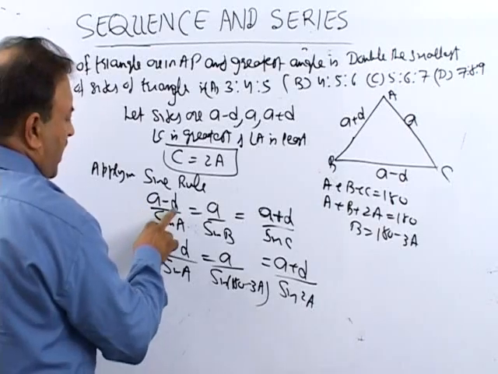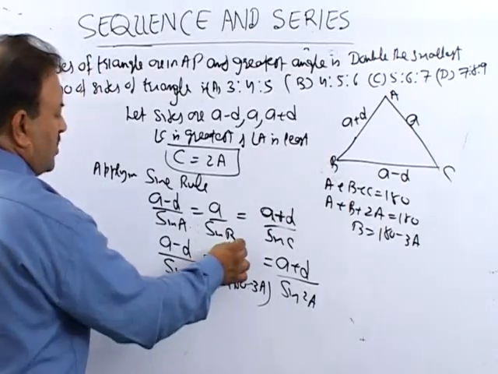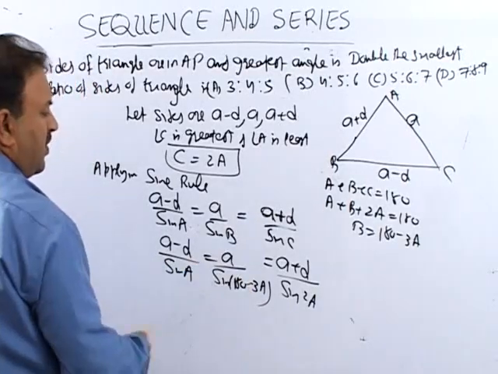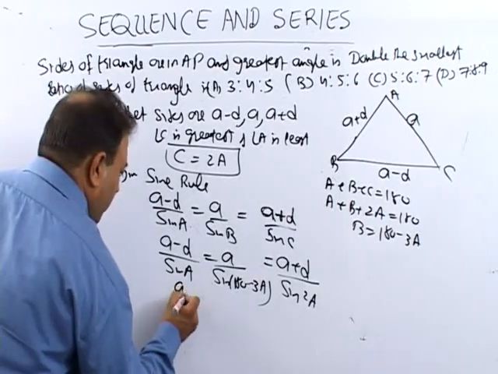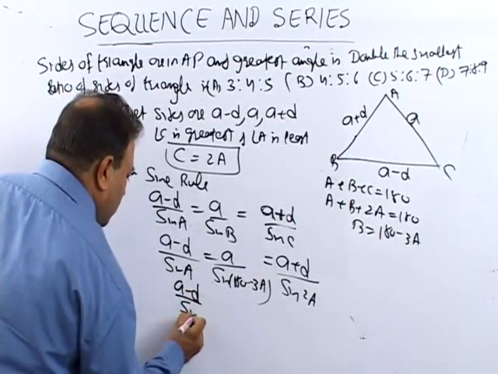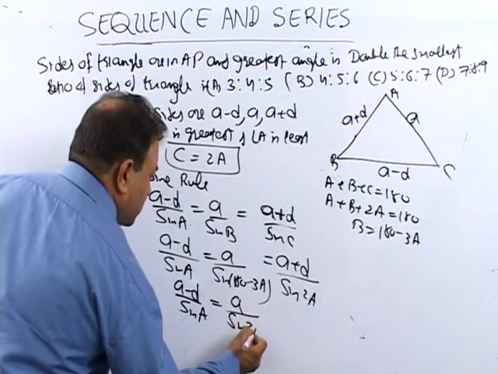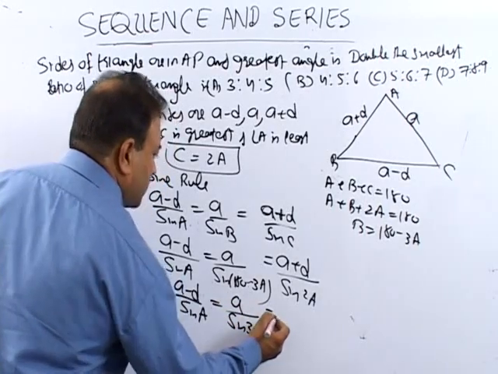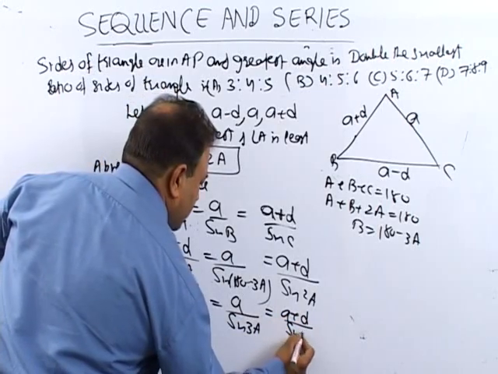Now I got a minus d upon sine A, a upon sine B, a plus d upon sine 2A. Here I write a minus d upon sine A, a upon sine of 180 minus 3A, which is again sine 3A, and a plus d upon sine 2A.